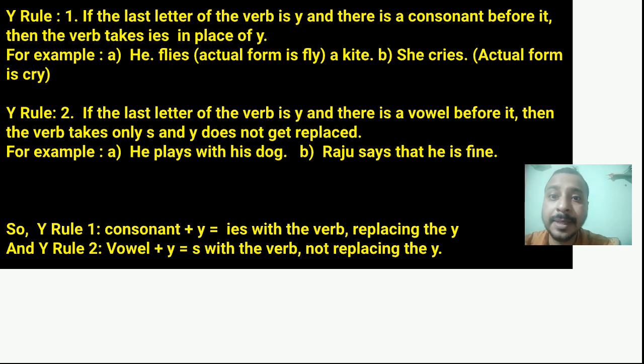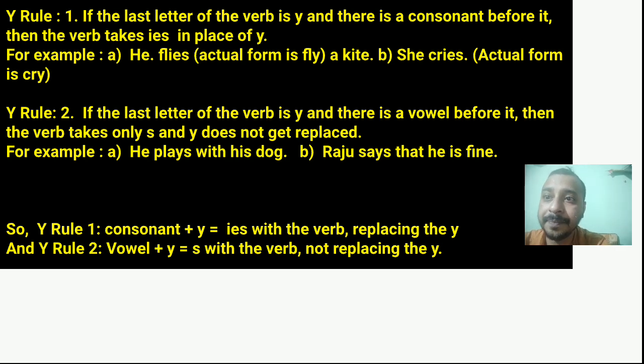Y rule means if the last letter of the verb is Y, and there is a consonant before it, consonant meaning not A, E, I, O, U, these five, but all others, then the verb takes IES in place of Y. That means Y is replaced. In place of Y, IES comes if before the final Y there is a consonant.